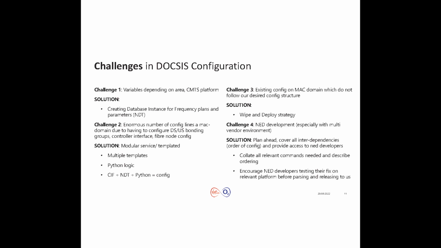The solution that we found for that was creating a database instance for the frequency plans, and that's what we call the network design table. And like I said, the configuration lines for provisioning a MAC domain are huge, it's enormous.